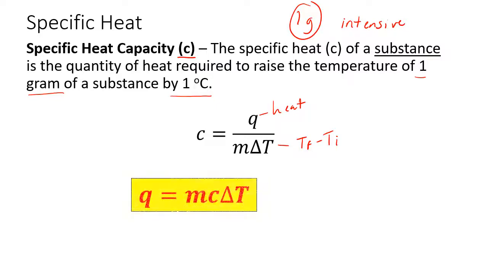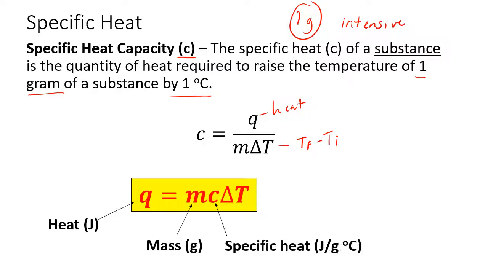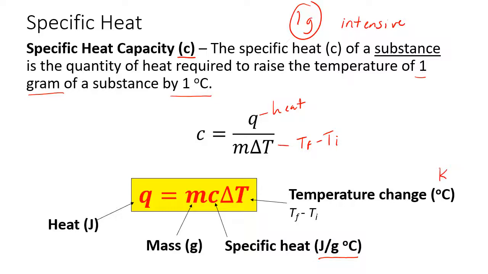If we rearrange this and solve for the heat, we can use our formula Q equals mc delta T. Q is the heat in units of joules, m is the mass in grams, c is lowercase, therefore it's the specific heat. Units of specific heat are joules per gram degrees Celsius, based upon the definition, and delta T is our temperature change, T final minus T initial, either in units of Kelvin or degrees Celsius.